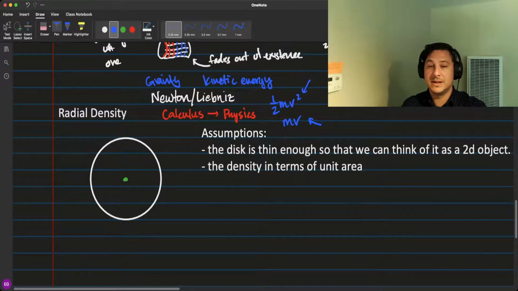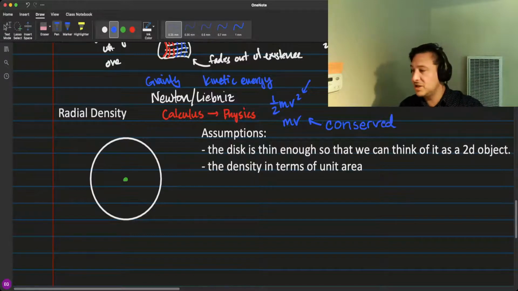I'm going to start writing it. Let's see if anyone can get it. It is close to constant. It is conserved. Has anyone ever heard of the conservation of momentum? Okay.